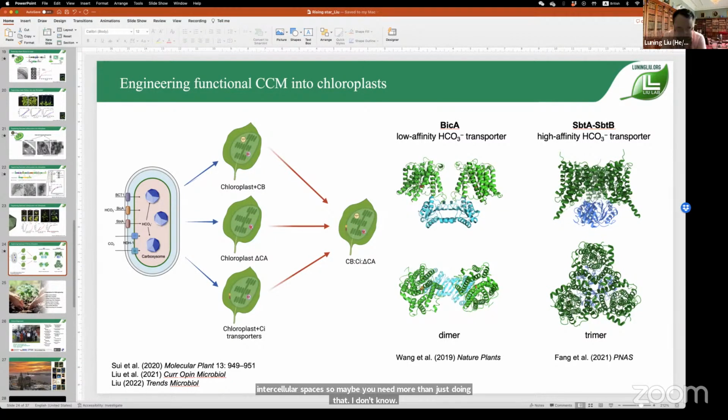Yeah, that's really a good question. We have also been thinking about this for a long time. Of course, there's no clear answer at the moment. But based on previous studies using computational modeling, people think the transporter will have a major effect on the bicarbonate concentrations. But what we are trying now is to first remove the carbonic anhydrases instead of installing the transporter.